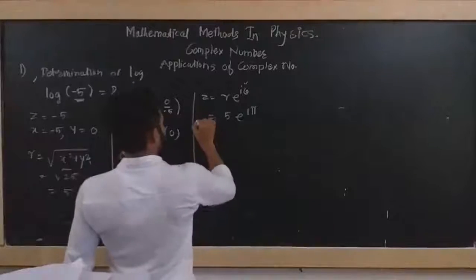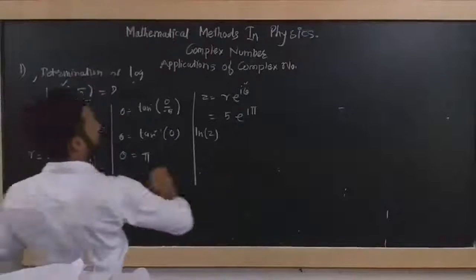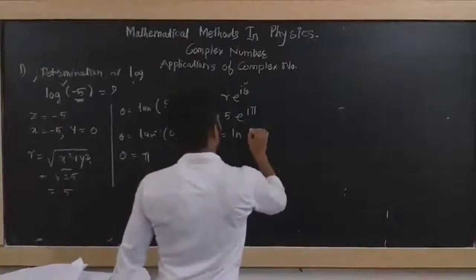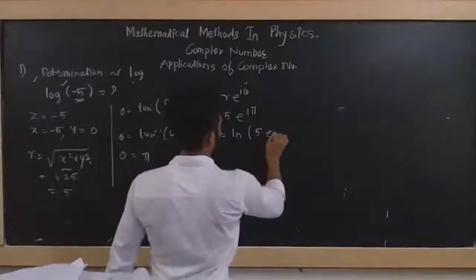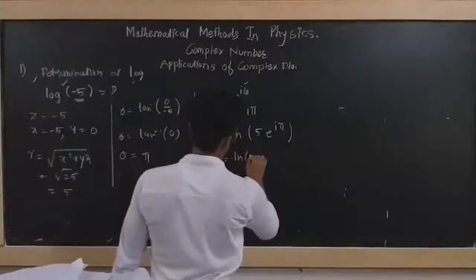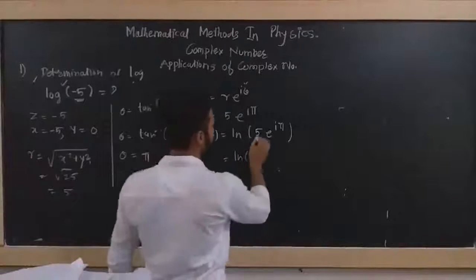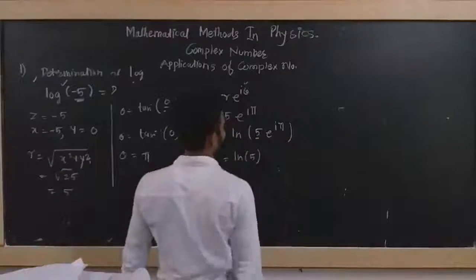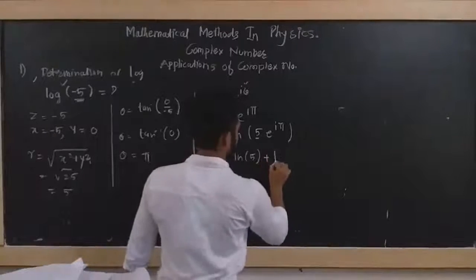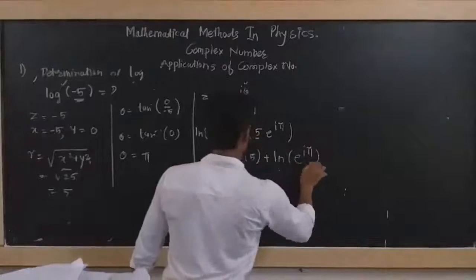Now find the log of z, which is equal to log of 5 into e raised to i pi. We can write log of a into b as log a plus log b, so log 5 plus log of e raised to i pi.